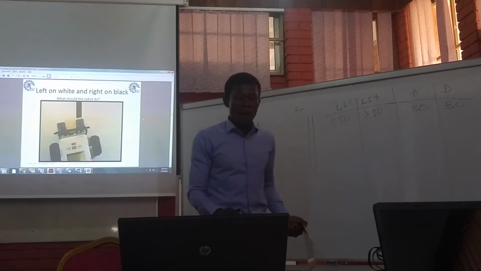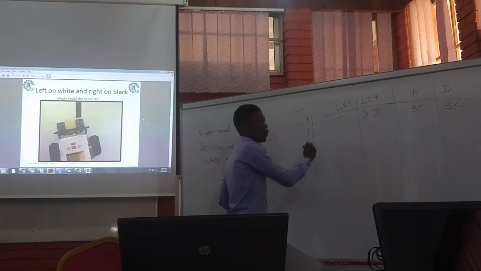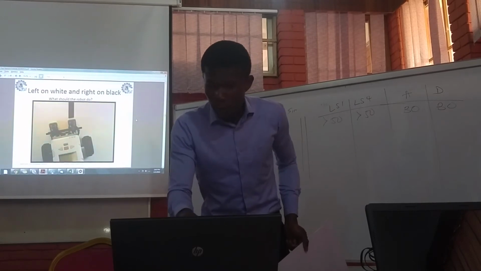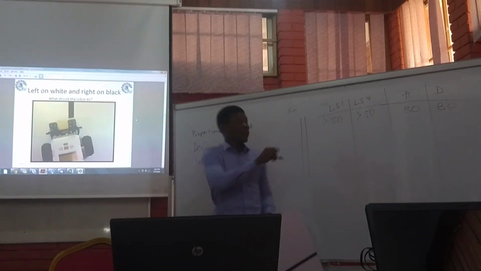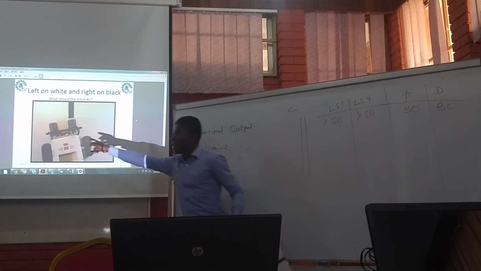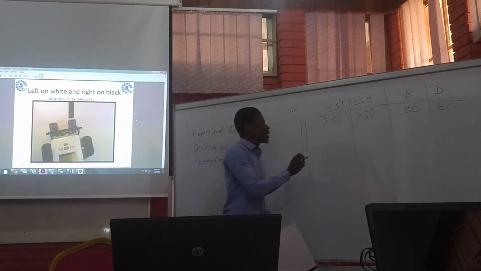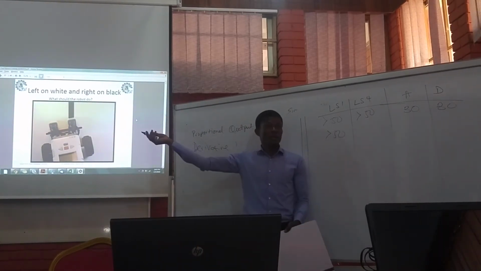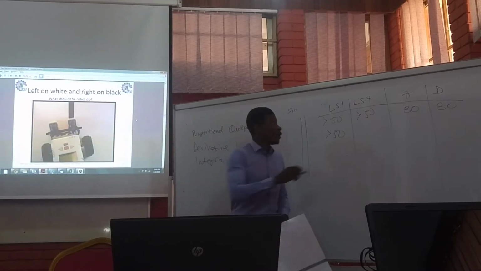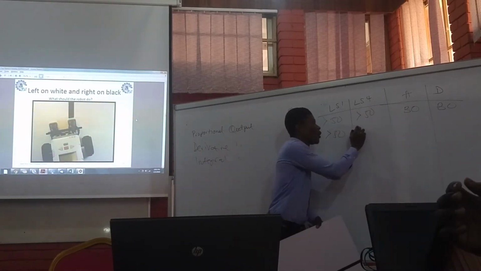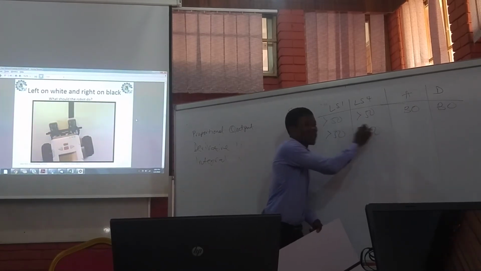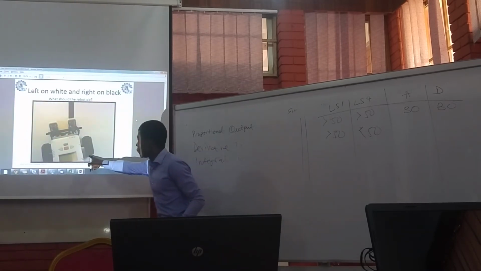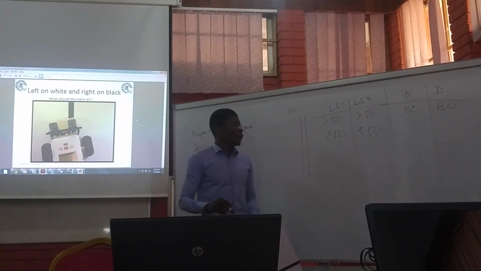If it happens to be the situation such that you have one of them on the black, let me take this one to be light sensor 1 and light sensor 4. If light sensor 1 has a value greater than 50 because it is on the white, and the other light sensor has a value less than 50 because it is on the black, then let me name this motor A and motor D. What do I do?